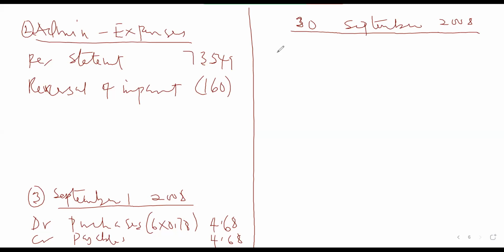So let's look at the CD equivalent at the reporting date. What will be the CD equivalent if we want to settle? 0.78 US dollar times what?